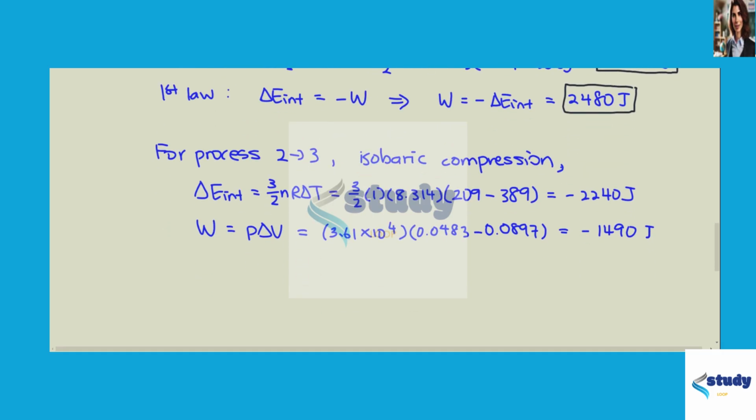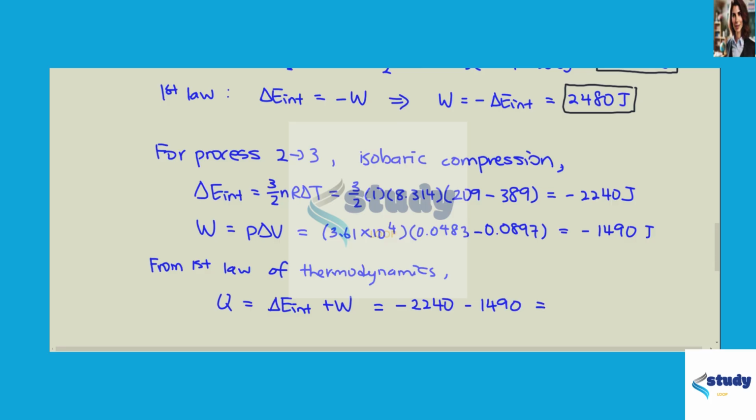So from the first law of thermodynamics, Q is equal to delta E internal plus W. So you have minus 2240 minus 1490, and you get negative 3730 joules.